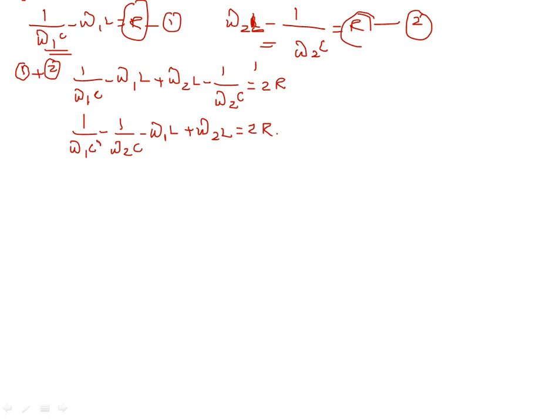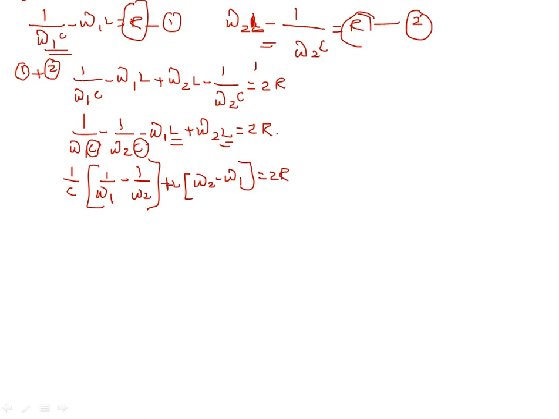Now you have to take C outside, similarly L outside. So 1 by C multiplied by (1 by omega 1 minus 1 by omega 2) plus L into (omega 2 minus omega 1) is equal to 2R, right?